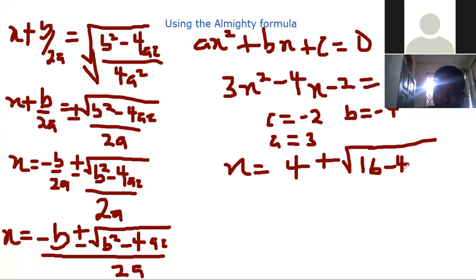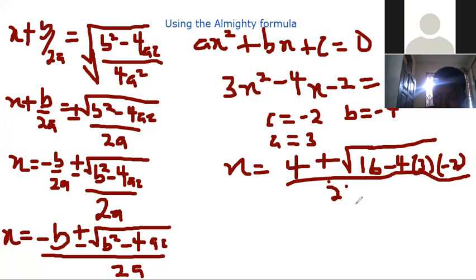A is 3 and c is negative 2, all over 2 times a.